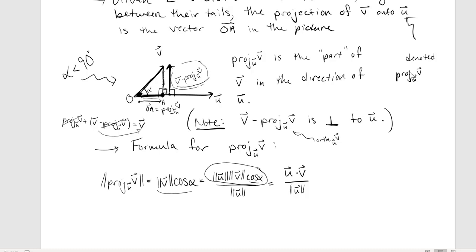Well then, how do we get the projection vector itself? We just do this. The projection vector itself will be whatever length it needs times a unit vector in the direction of this projection.